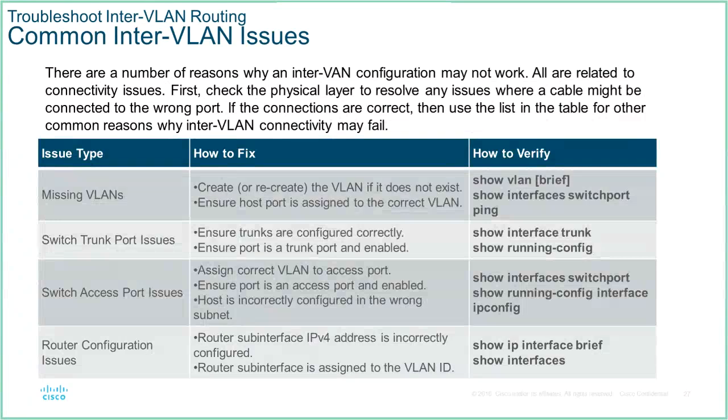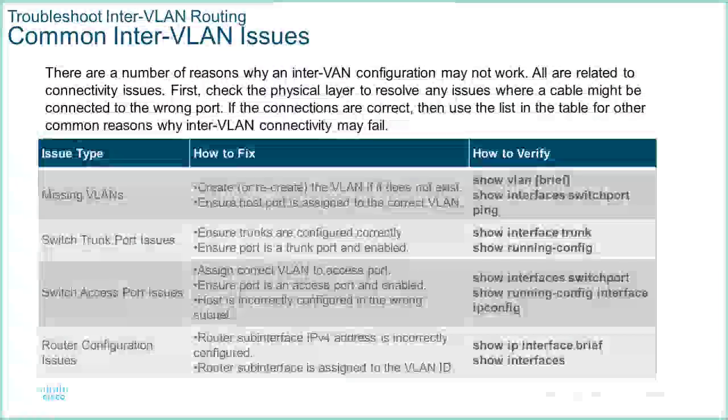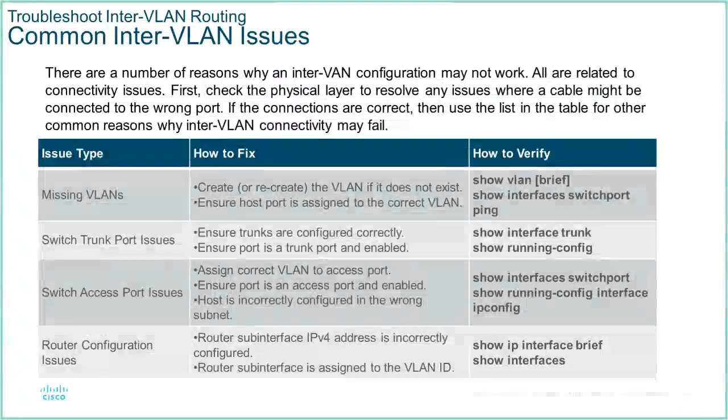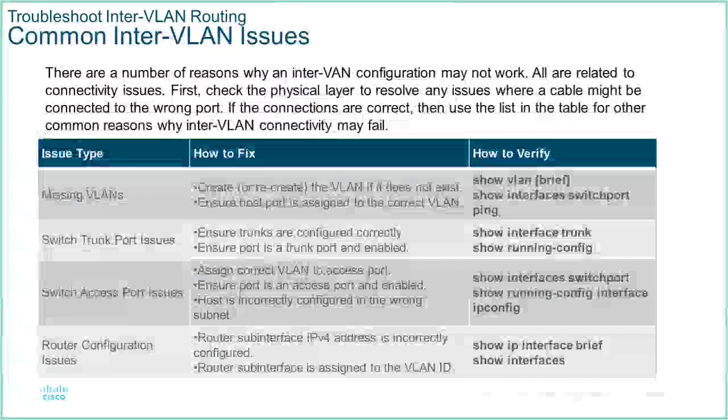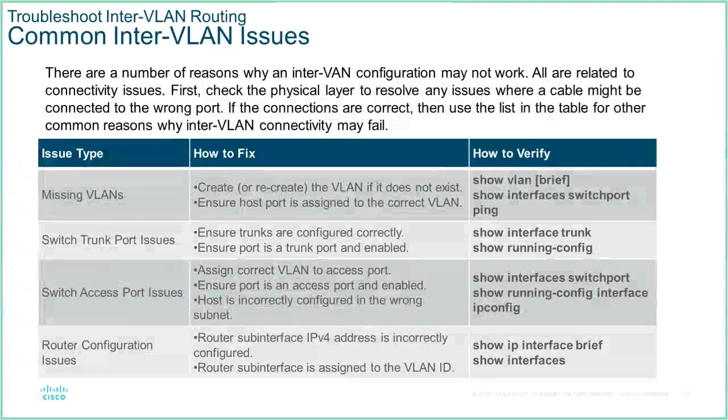Trunk port issues. Each end of the trunk needs to be configured to communicate to each other. They need to use the same encapsulation types and they must be turned on. Switch port issues, again, the most common one is not assigning the VLANs to the correct ports.